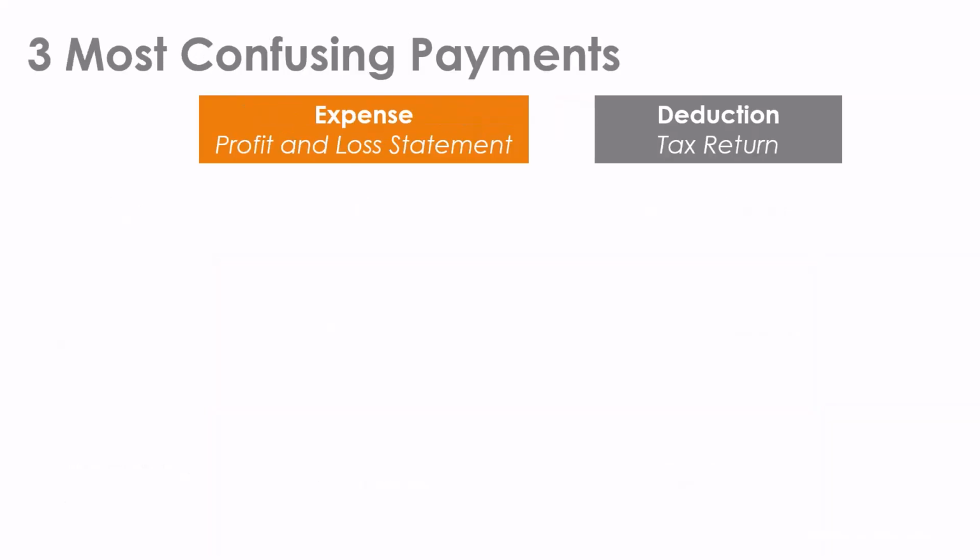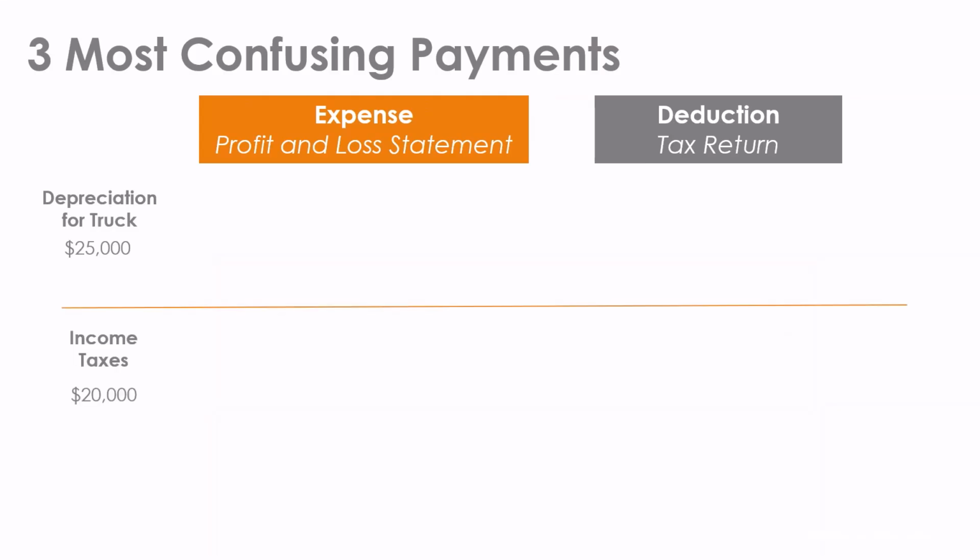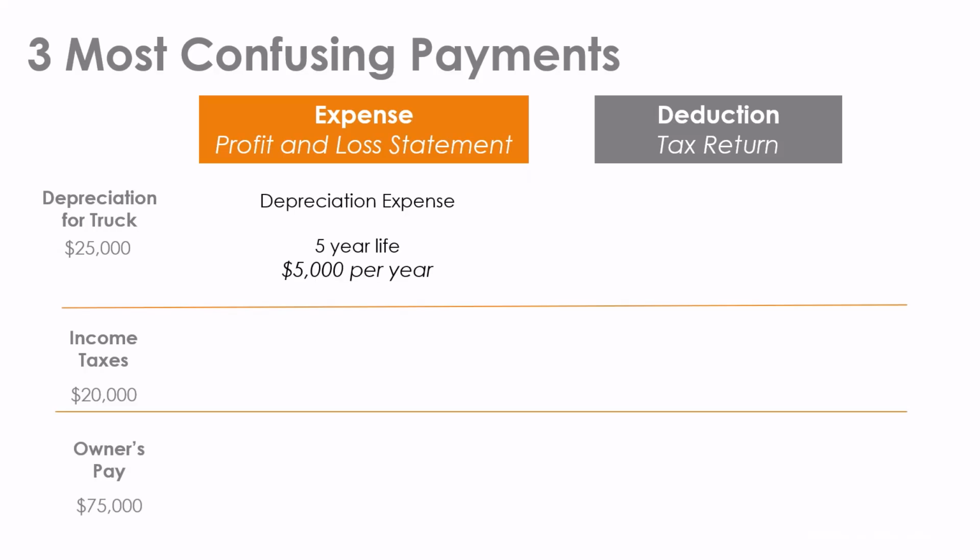So back to our three most confusing payments: depreciation based on our assets, income taxes, and then owner's pay. So when you purchase a truck, the full amount of the asset appears on the balance sheet. The asset converts to an expense through the depreciation process. So for your internal set of books, the profit and loss statement is going to reflect depreciation expense, and it's going to be reported at a rate of $5,000 per year.